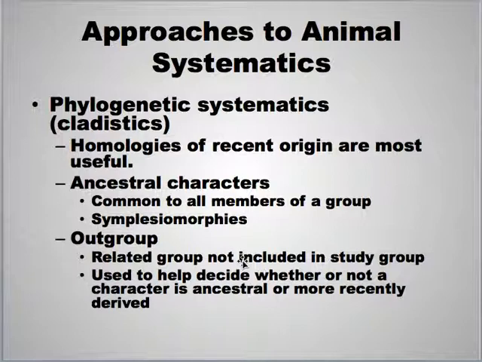You take the group that's related that is not included in a study group, those are considered to be outgroups. Those are going to help decide if a character is ancestral or more recently derived.